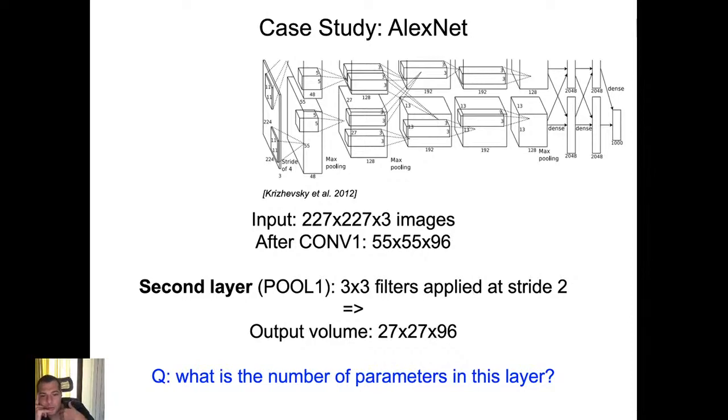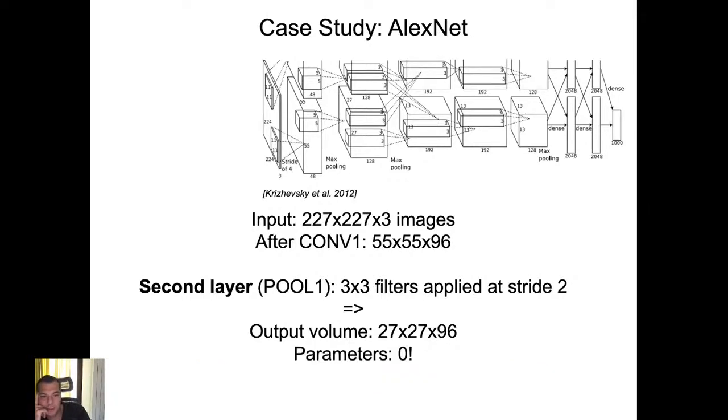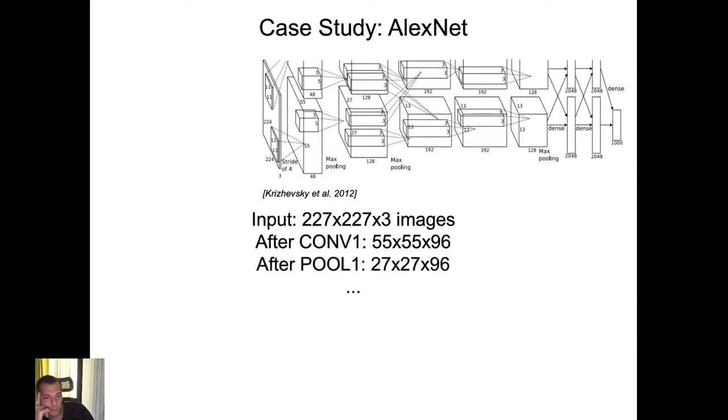So another question, what is the number of parameters in the pooling layer? The number of parameters is 0, as I said before, so no need to answer. So after the first pooling layer, the spatial dimension becomes 27 by 27 by 96.